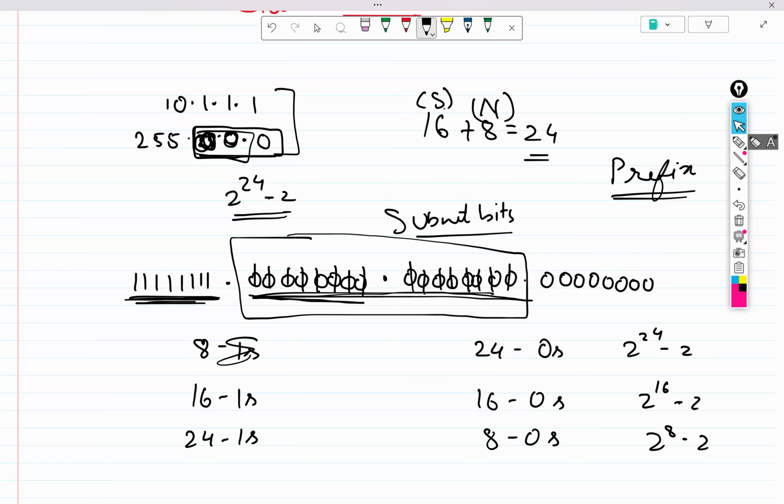Now it's clear. So we are converting these zeros so that we can reduce the wastage of IP addresses, and we can increase the subnet bits and make them reusable. I mean, we can avoid wastages. That is why we are doing this. Subnetting, yes. Okay, sir.